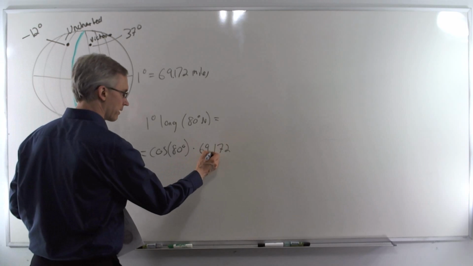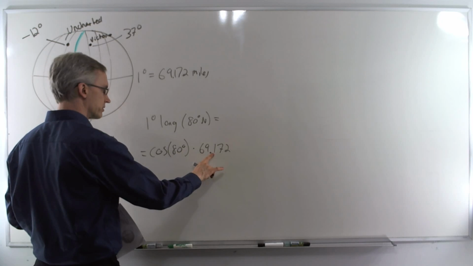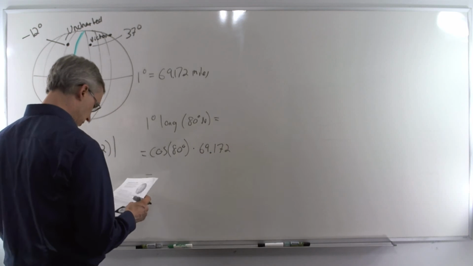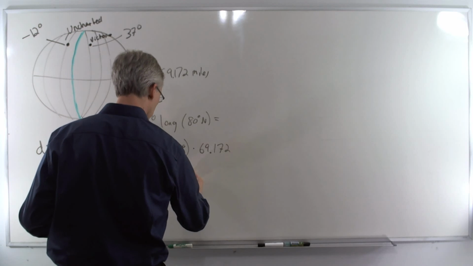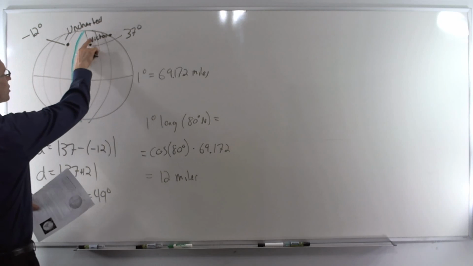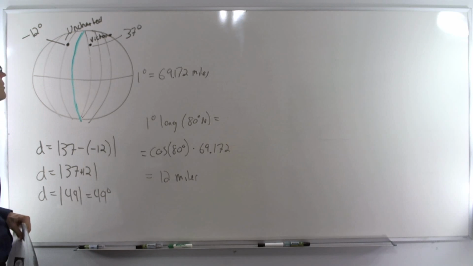So by multiplying by the cosine of latitude, it's going to reduce this down to 12 miles. So 1 degree of longitude up here is only 12 miles because we're so far north.